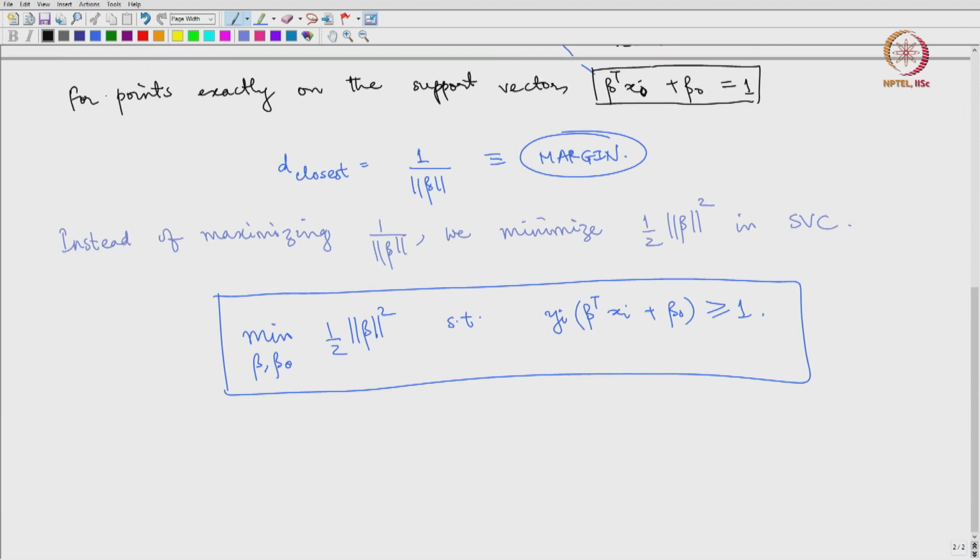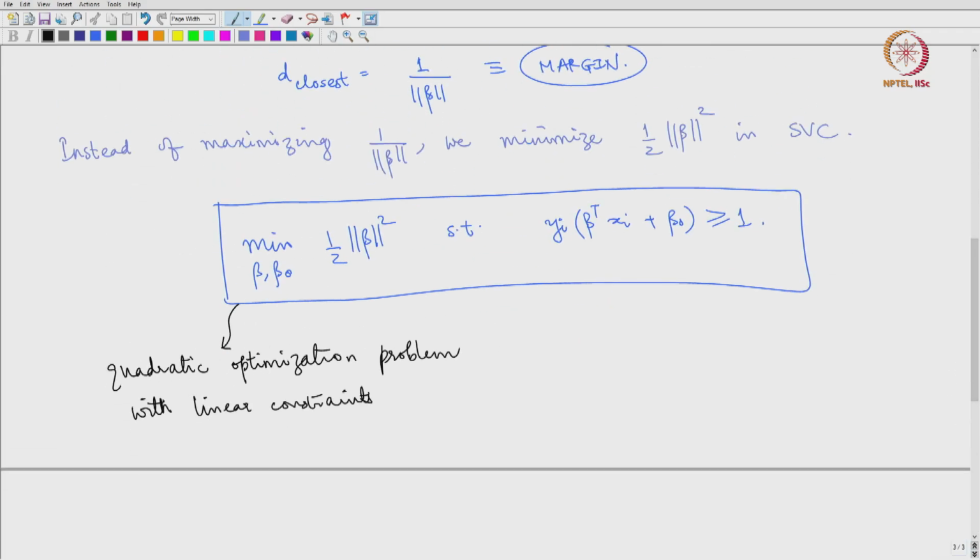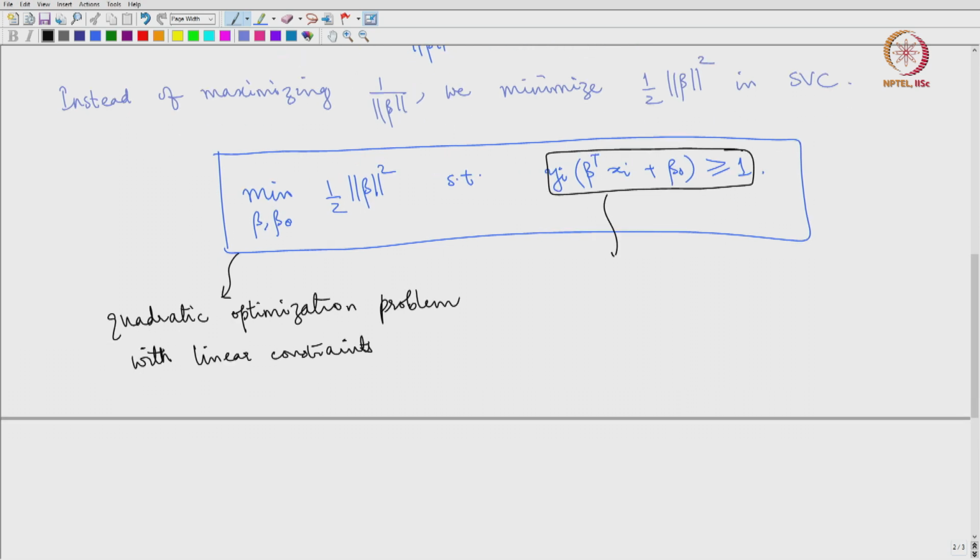So essentially what we are doing is we have formulated a quadratic optimization problem with linear constraints. What are the constraints? The constraints are basically the inequalities which are enforcing that the points lie in the appropriate classes. Okay.